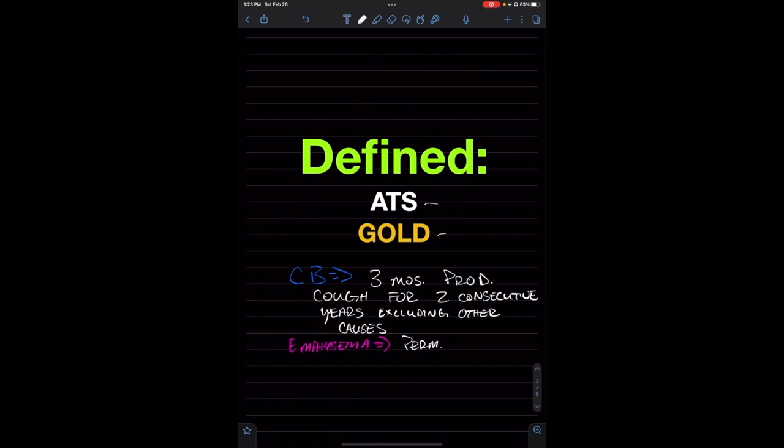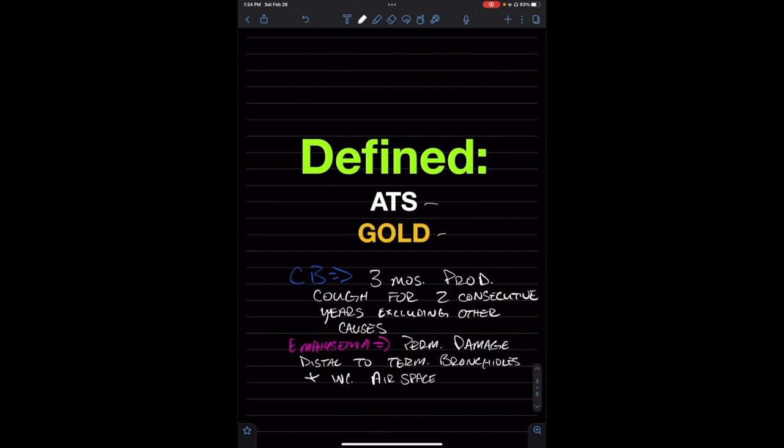Permanent damage distal to the terminal bronchioles, and increased airspace.